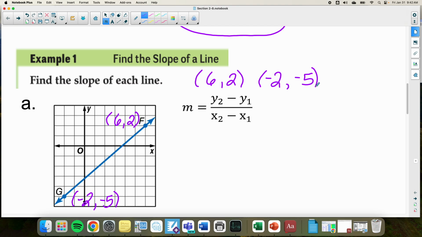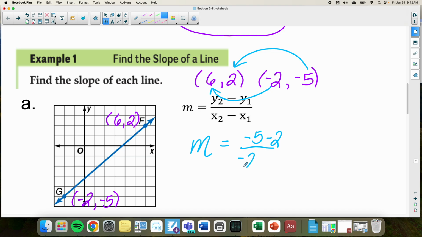Okay, and when you're doing slope, you have to subtract your y's on the top. So you're gonna go this y minus that y. So -5 minus 2. And then you're gonna subtract your x's on the bottom in that same order, okay?